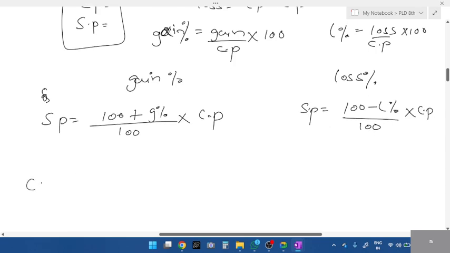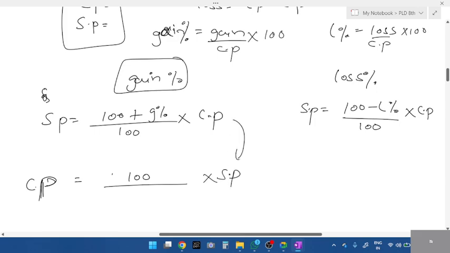Next, when gain percent and selling price are given, they'll give you gain percent and selling price. Then to find the cost price, it is just the opposite of this. You'll get SP here. Look here. 100 divided by 100 plus gain percent.